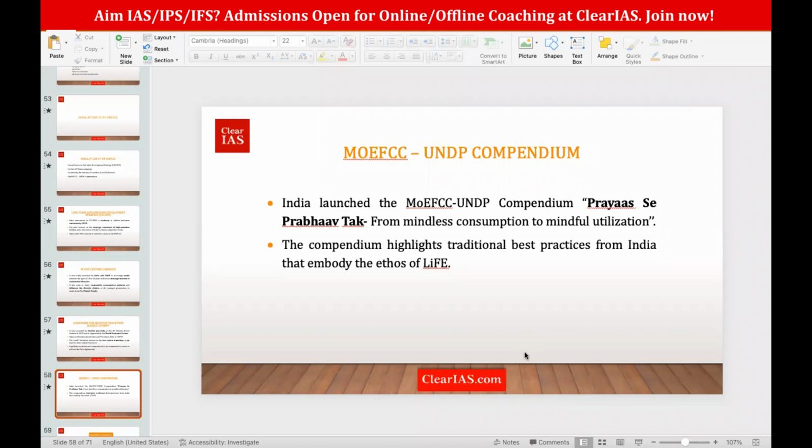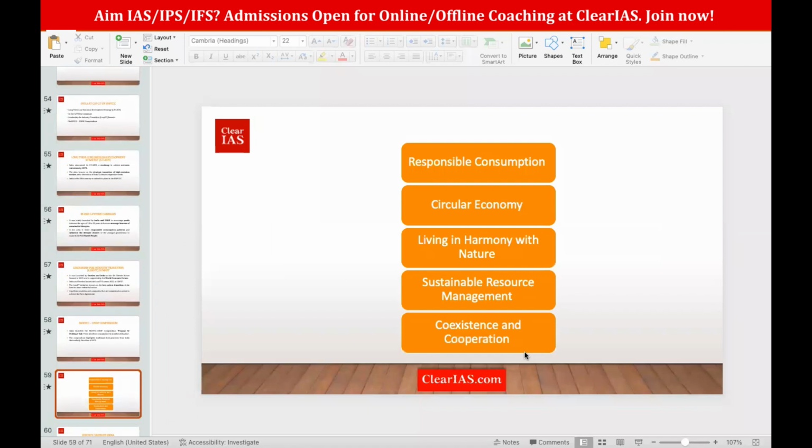Basically they are trying to educate the world about India's traditional practices, which are in sync with nature. They are focusing on responsible consumption, circular economy, living in harmony with nature, sustainable resource management, coexistence, and cooperation. You must know the concept of circular economy because they can also ask what is the meaning of that.